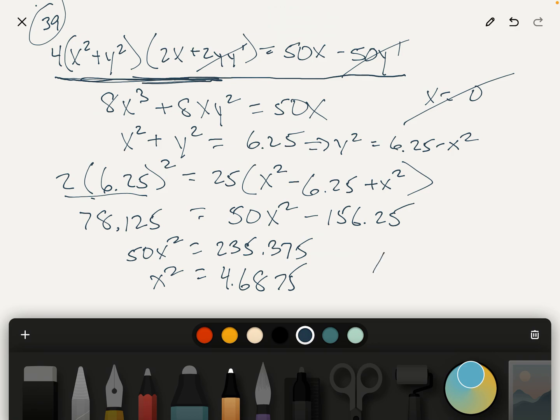But anyway, so x equals the square root of 4.6875, and then you could plug that in and solve for y.